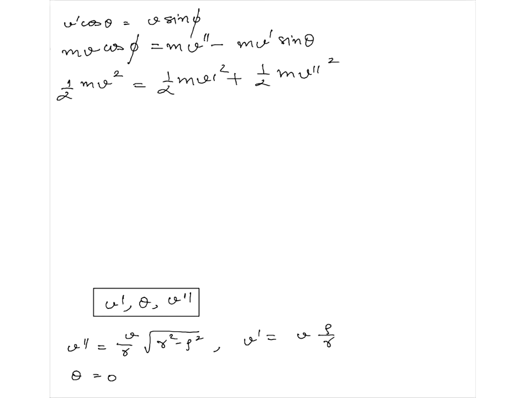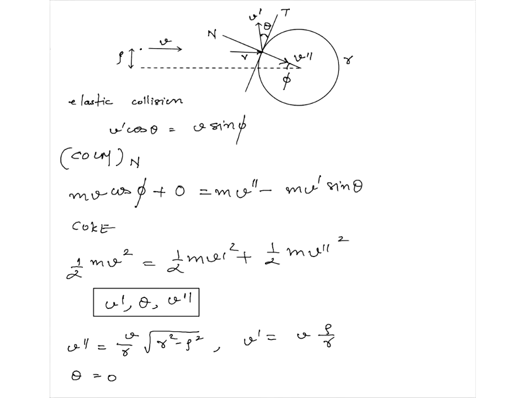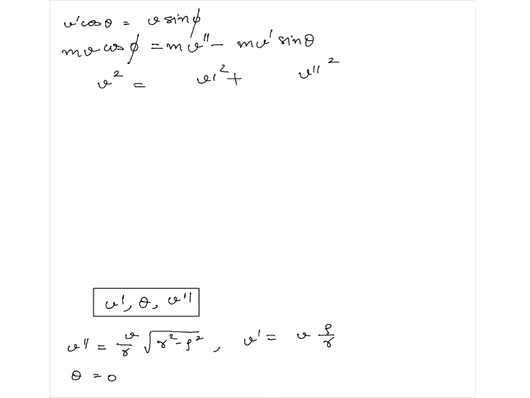The third equation, the KE equation, we divide by m by 2. We get rid of phi. So we have sine phi equal to, or maybe later. Let me keep sine phi right now, cos phi also.